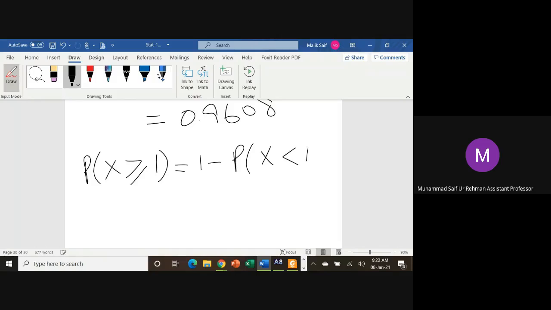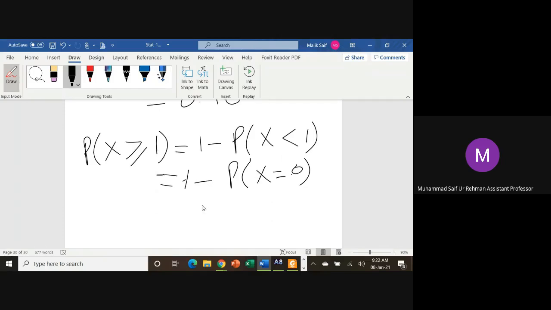So now 1 minus the probability of x equal to 0, because x less than 1 means there is only one possibility, x equal to 0, because 0 is less than 1. So you will use this strategy to find out this probability.